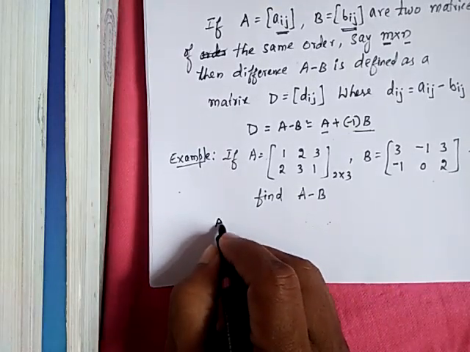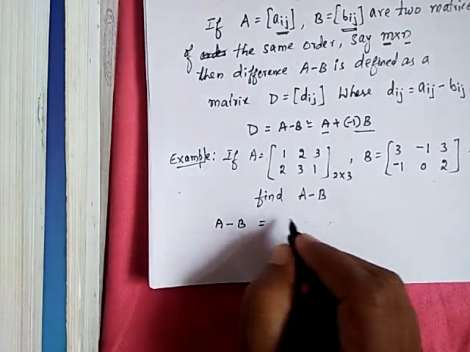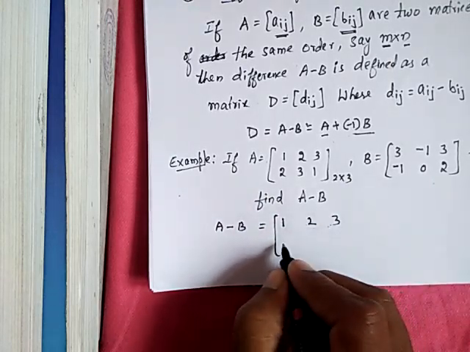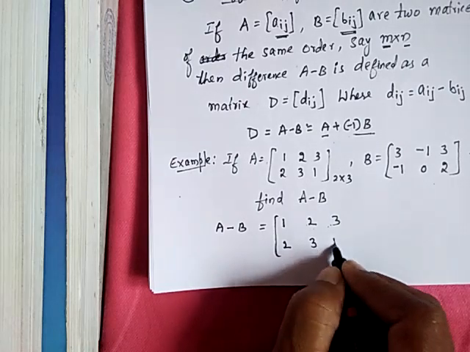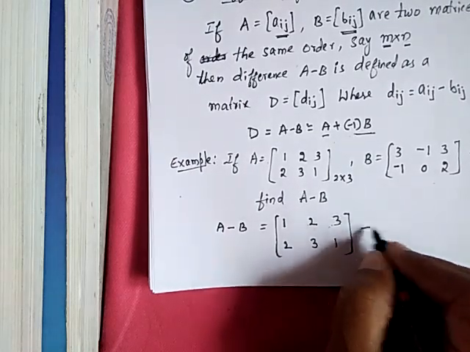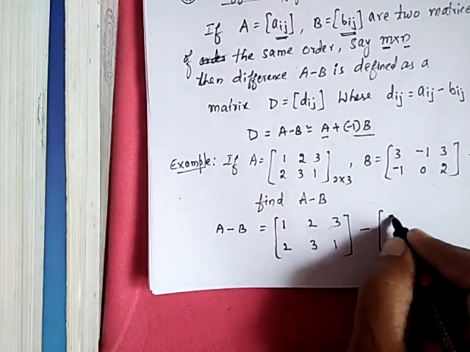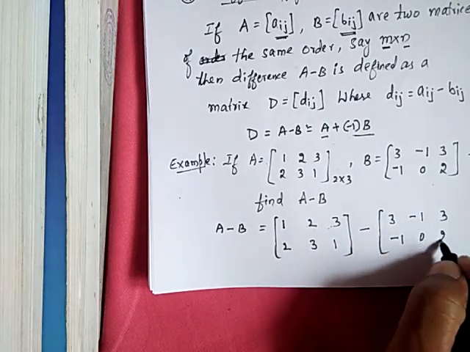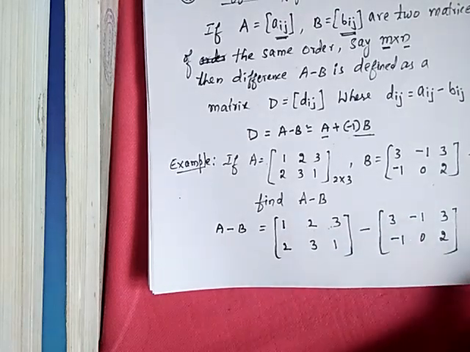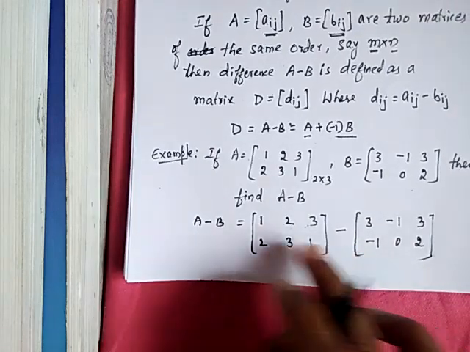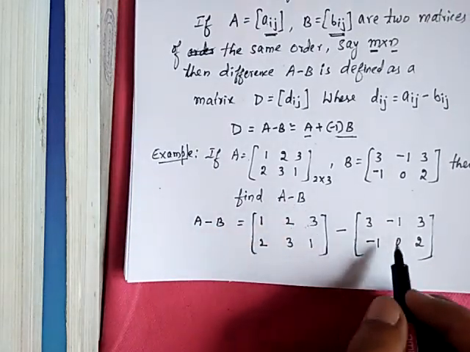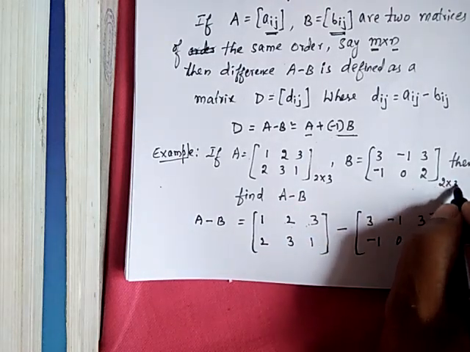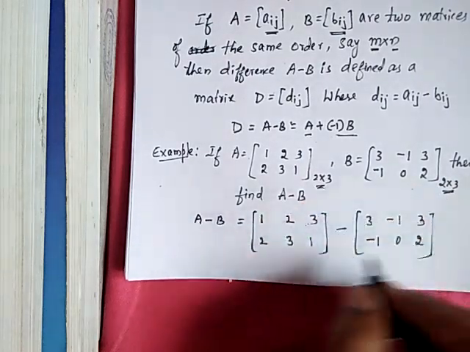Now you can write A minus B is equal to this: 1 2 3, 2 3 1, minus 3 minus 1 3, minus 1 0 2. A as it is I have written, minus, because we need A minus B, so B as it is I have written. This is also of the order 2 by 3, so the same order we are having and you can subtract like this.